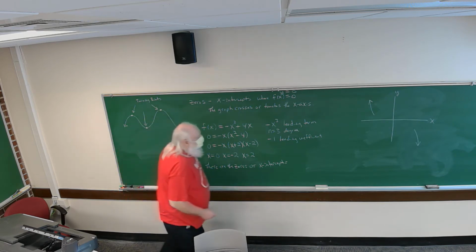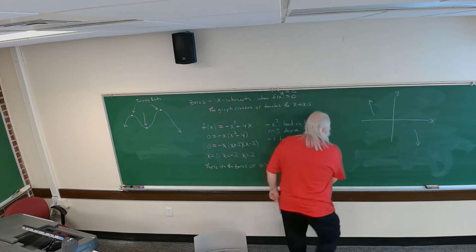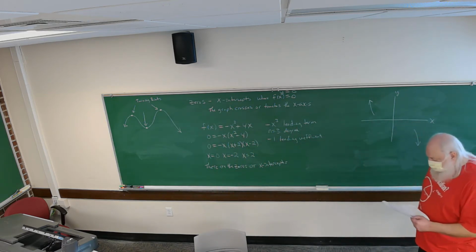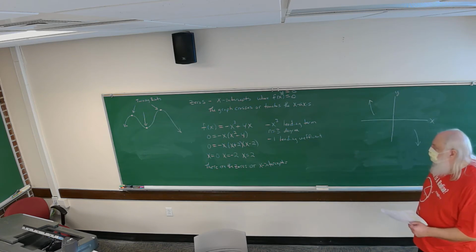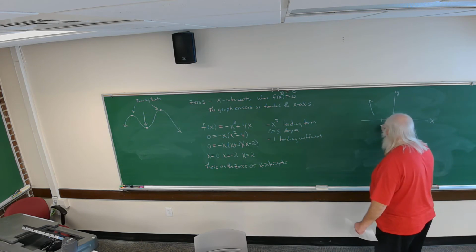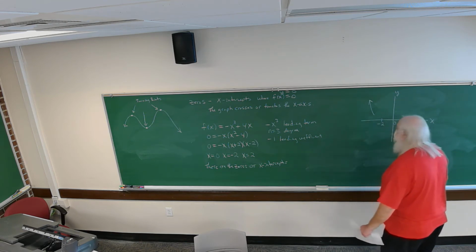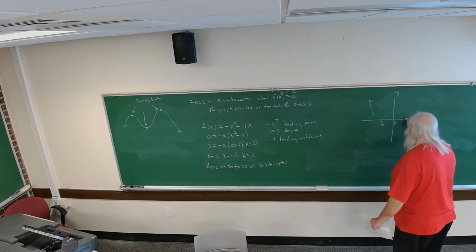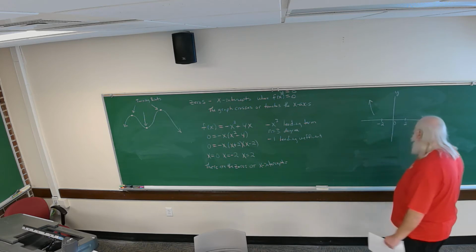Okay? All right. So we have an x-intercept at -2, an x-intercept at 0, x equals 0, and an x-intercept at 2. Okay.